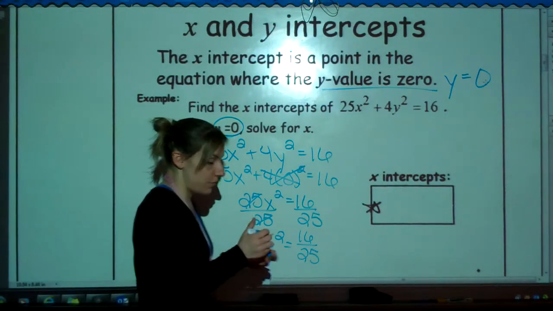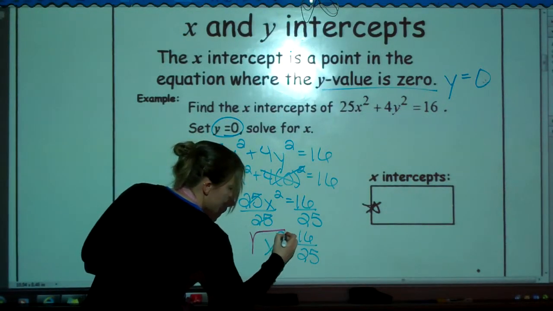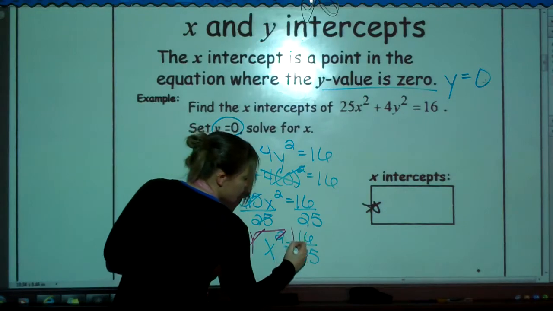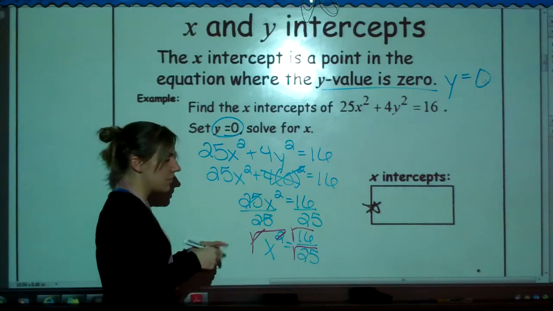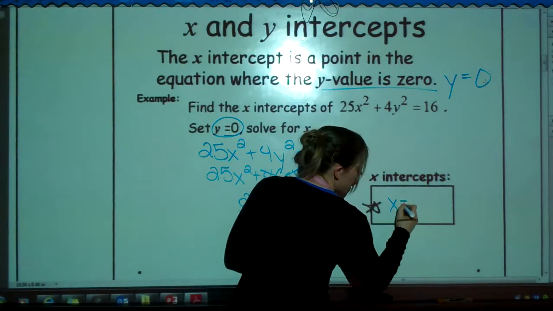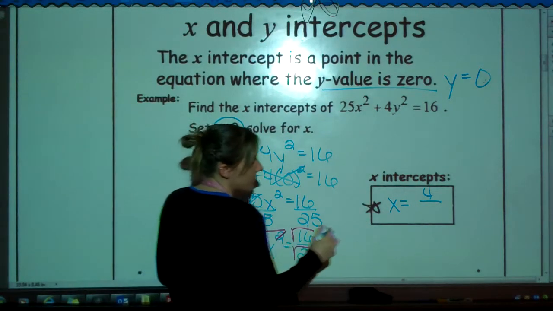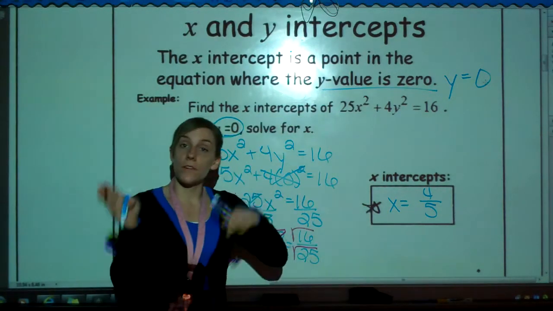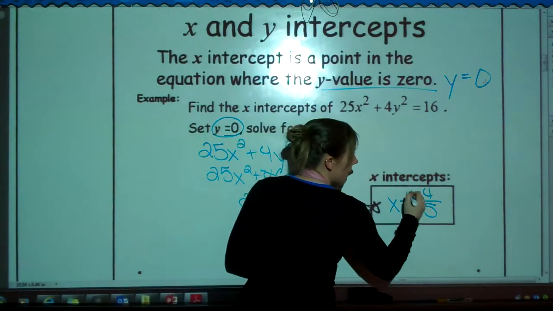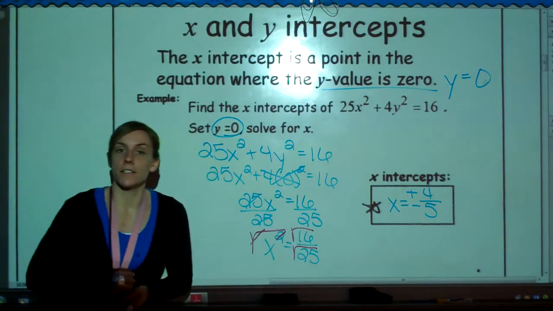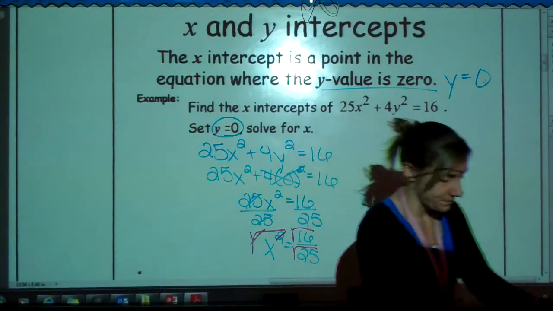So in order to finish solving this, we would square root both sides. And when you square root both sides, you really can just square root the top and the bottom. So you get x equals the square root of 16, which is 4, and the square root of 25, which is 5. And remember, whenever you square root, you get two answers, or because it's x squared, you have two intercepts, so it's plus or minus. So it crosses at positive 4/5 and negative 4/5, okay?